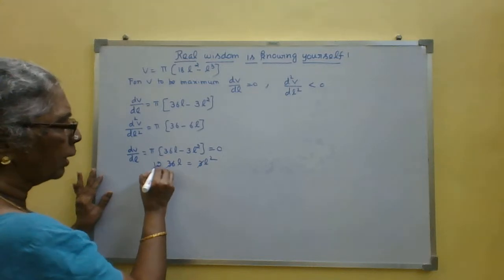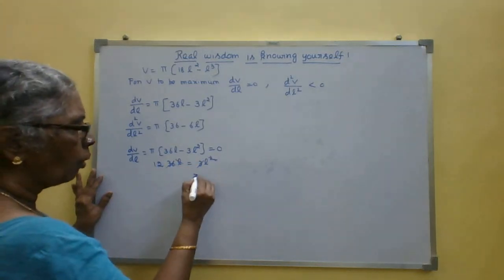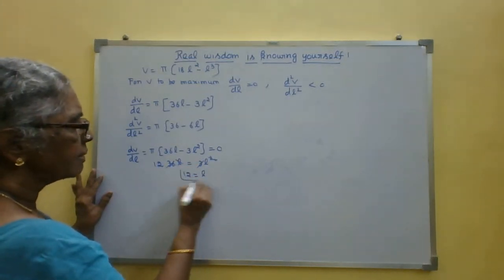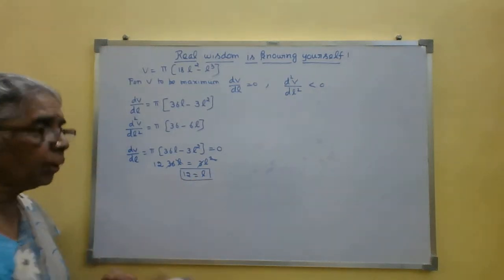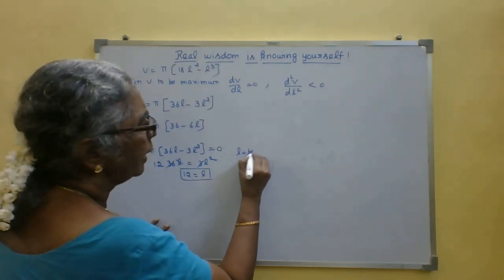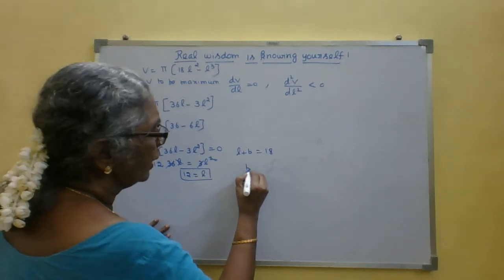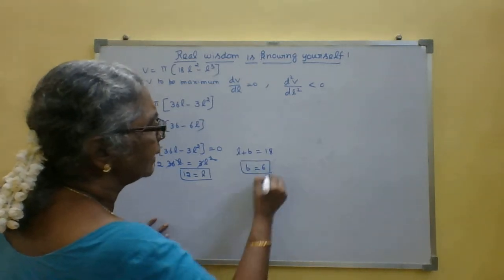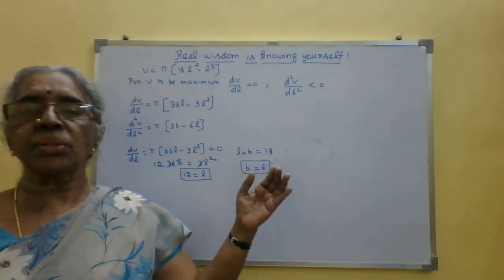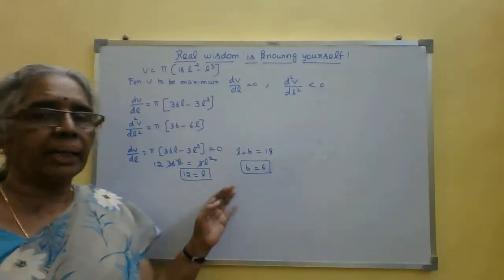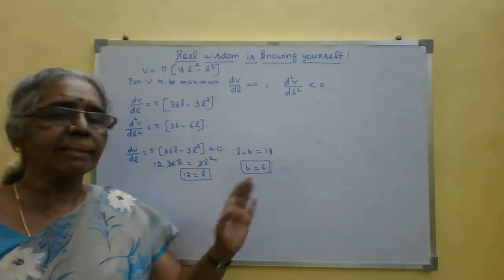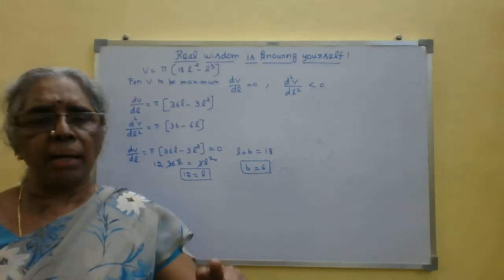Cut that 3 and 36 by 3 is 12, one L will go. So you are getting L is equal to 12. You know L plus B is equal to 18. So L is 12, so B is 6. So you have got the dimensions of the rectangle now. So L is 12 centimeter and B is 6 centimeter. So one part is over.